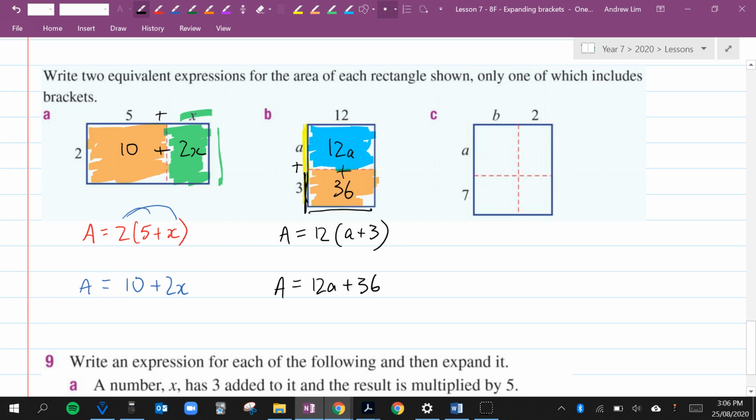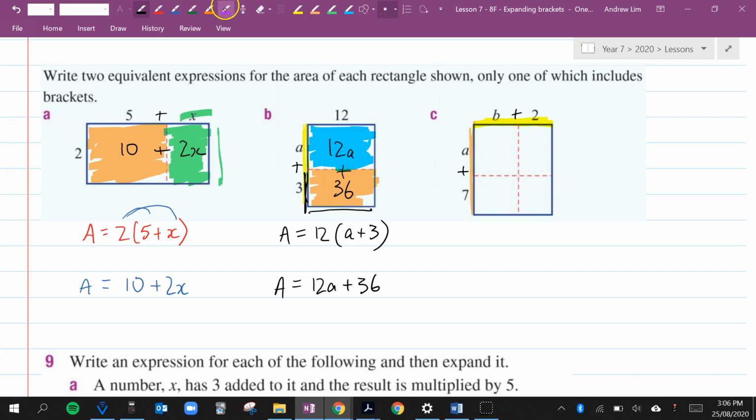And the last one's a little bit more tricky. We have this length here, which is b plus 2. And we also have this length here, which is a plus 7.